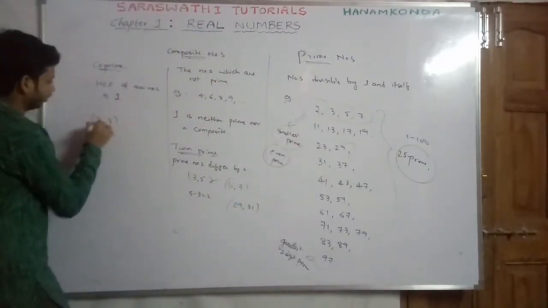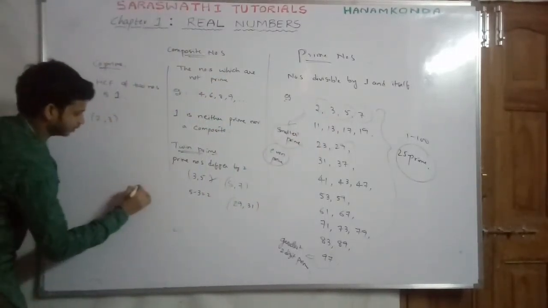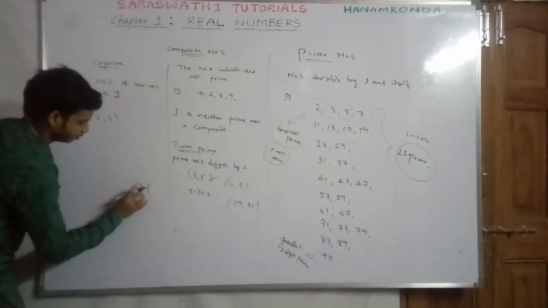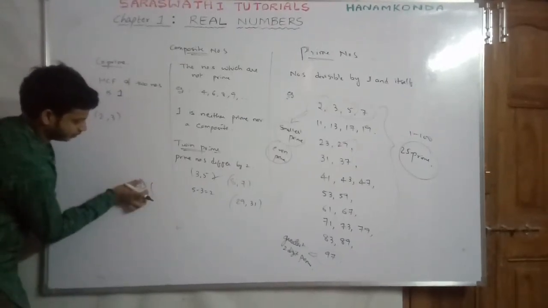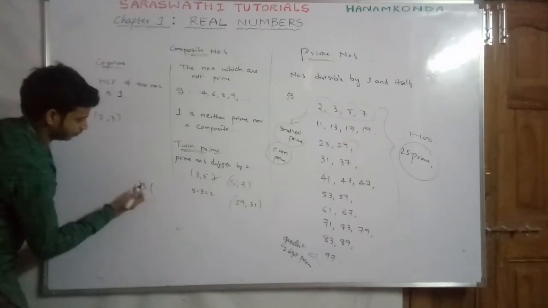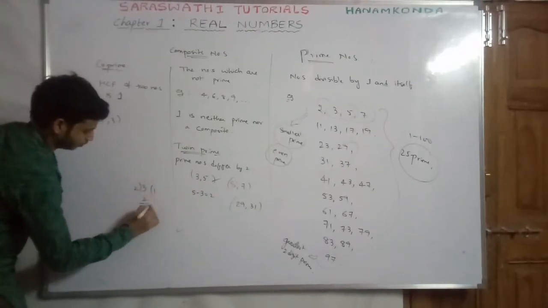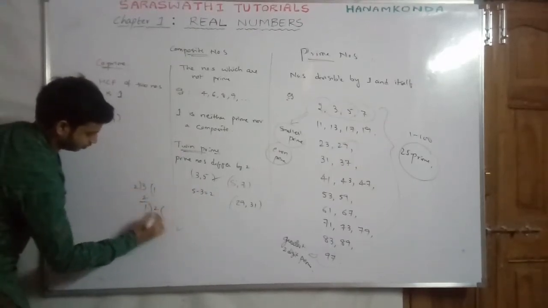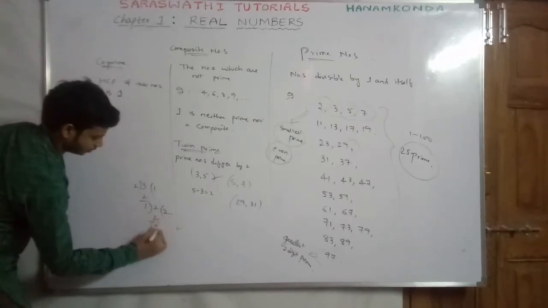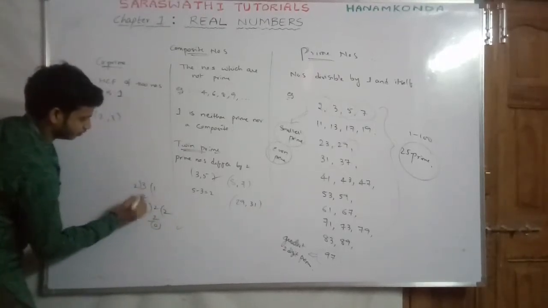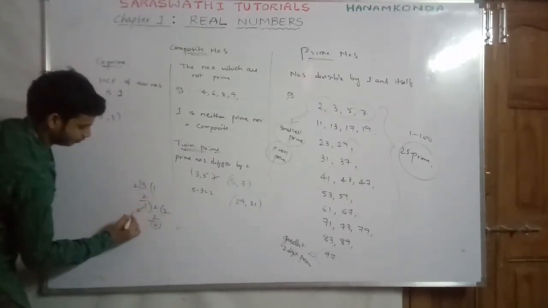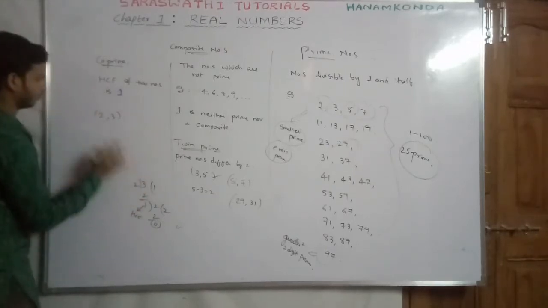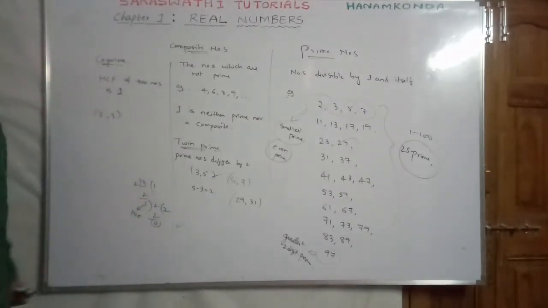Here if you do HCF of 2 and 3, the larger number is taken as the dividend and the smaller number as the divisor. 2 1 is 2, remainder is 1. Again this 2 comes here, 1 2 is 2, so remainder is 0. So HCF of 2 and 3 is 1 we have obtained. Therefore these two are co-primes.